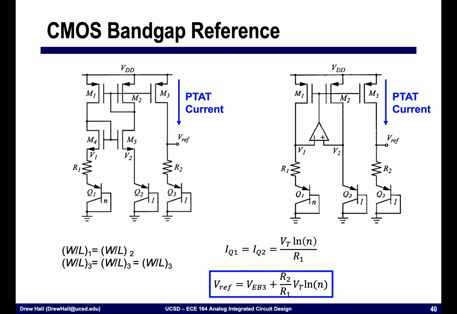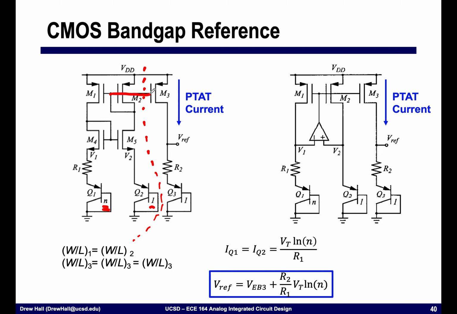All right, so how does this particular reference work? Here's a couple of examples of a band gap voltage. So on the left, this circuit is something that we just looked at. We have this device that's size n times larger than this. We have the resistance, and so we know that this circuit is going to generate this PTAT current.